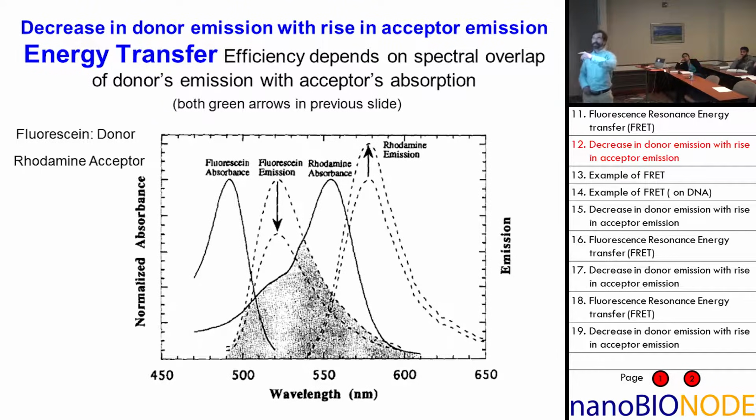And in particular, it depends on how much room there is between the emission of the fluorescence and the absorption of the acceptor.